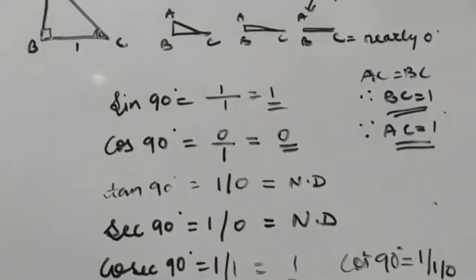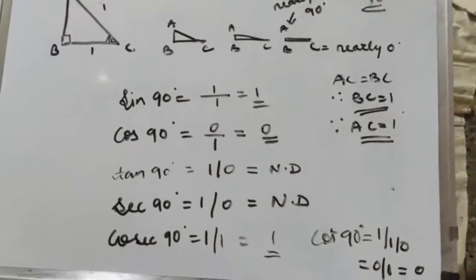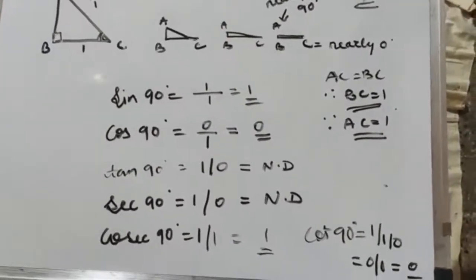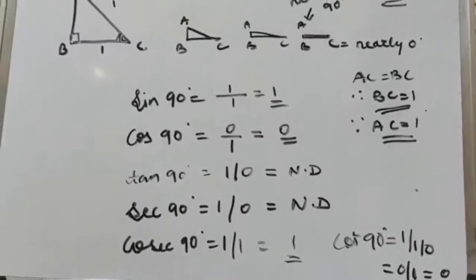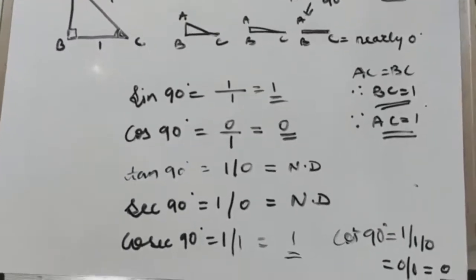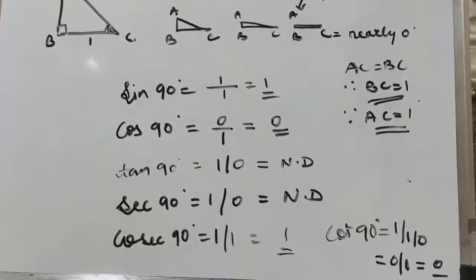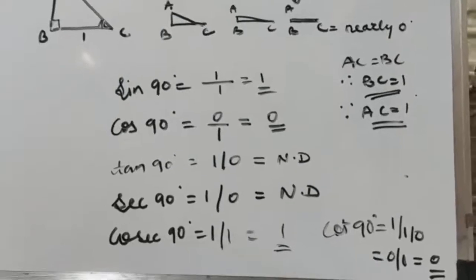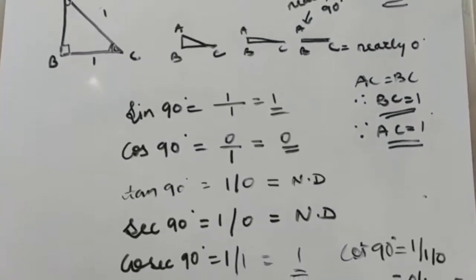So in this way, we have derived the values of different trigonometric ratios, that is sine, cos, tan, sec, cosec and cot at angles 0 degree, 30 degree, 45 degree, 60 degree and 90 degree. So friends, I hope that you have understood the table, how we have drawn this table, isn't it?